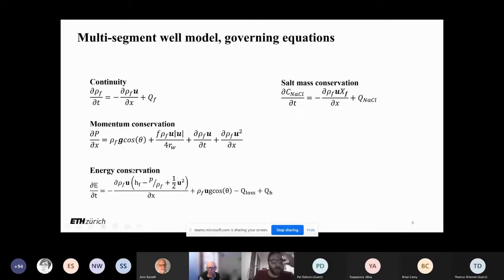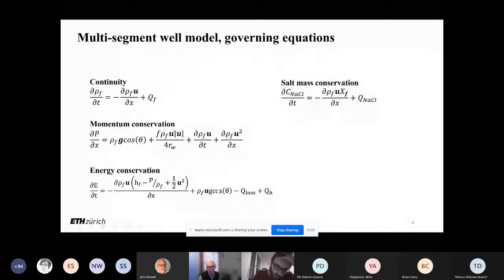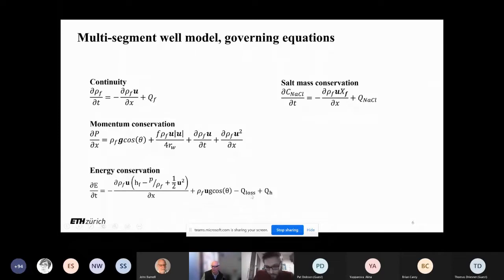The energy conservation states that the divergence of the flux of internal energy and kinetic energy balances out with the change in gravitational potential energy, plus a heat loss term, which is conductive heat loss between the well and the formation, and its source term, again stemming from exchange with the formation.